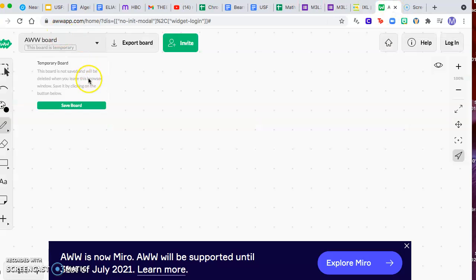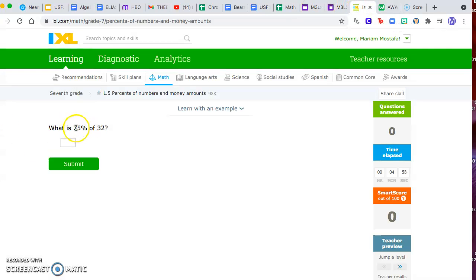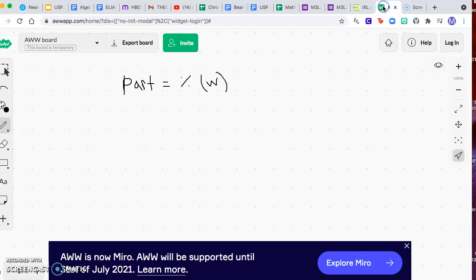Remember that there is the formula: part equals the percent times the whole or the total. So here, if I have 75% of 32, I am multiplying 75% times 32.